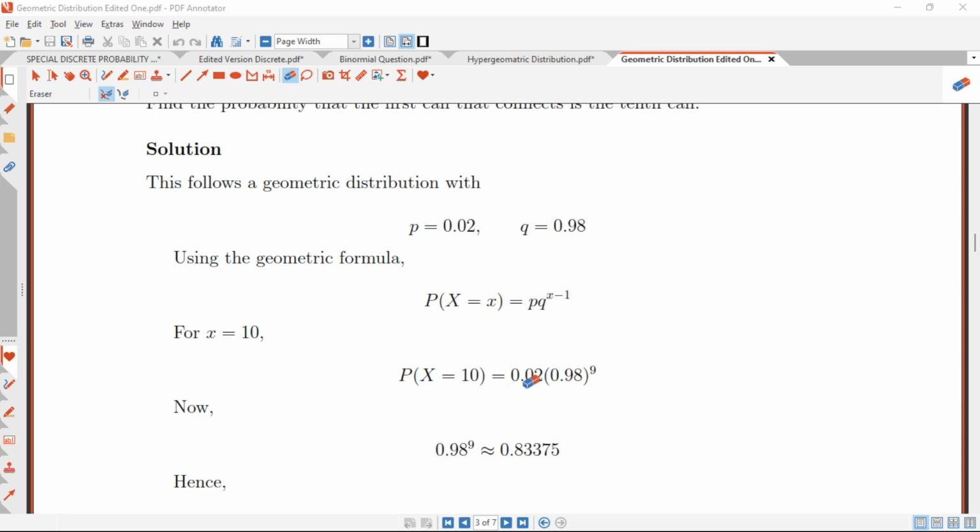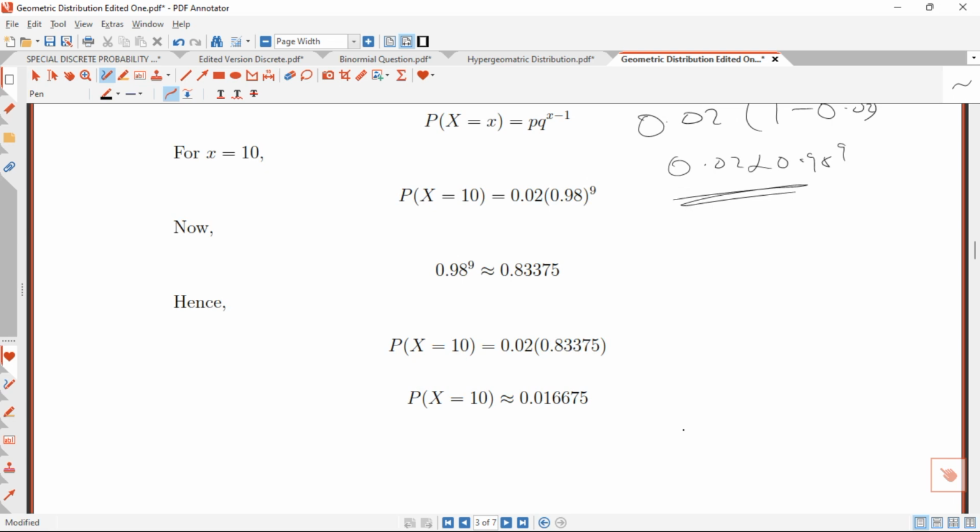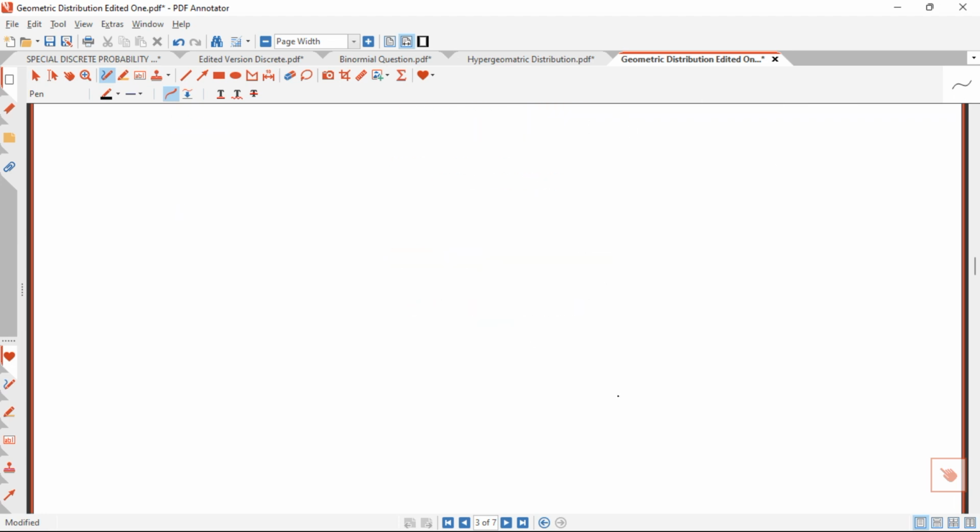So here we are going to get 0.02 times (1 minus 0.02) all raised to the power 10 minus 1, of which you are going to get 0.02 times 0.98 all raised to the power 9. And once you put this on the calculator, we are getting our final answer to be 0.016675. Okay, so that is what we are getting.